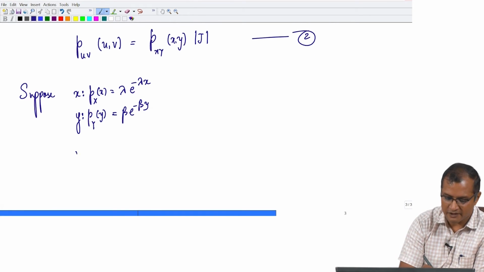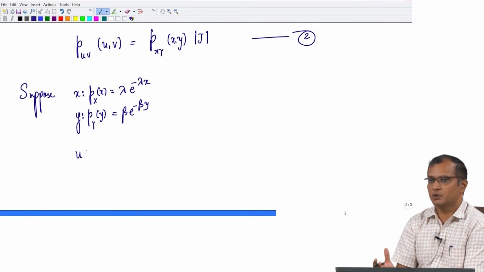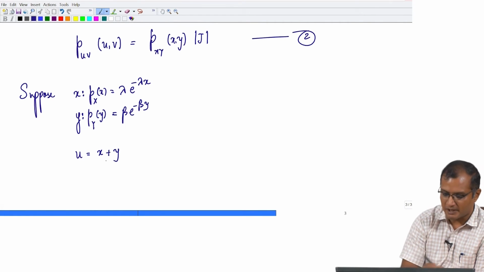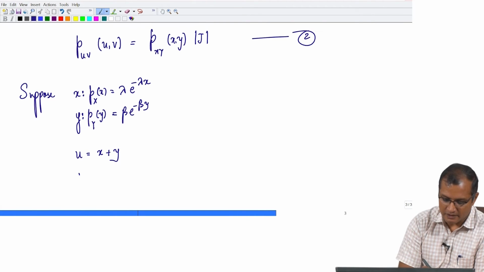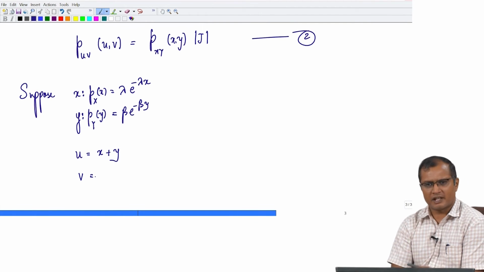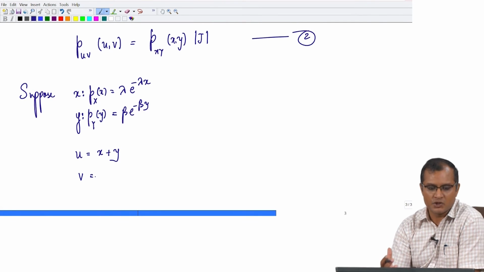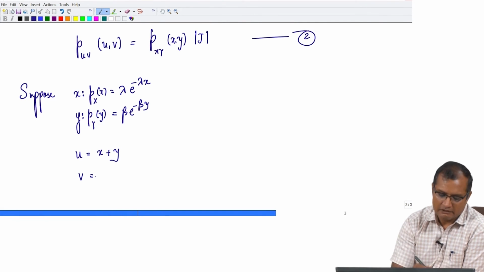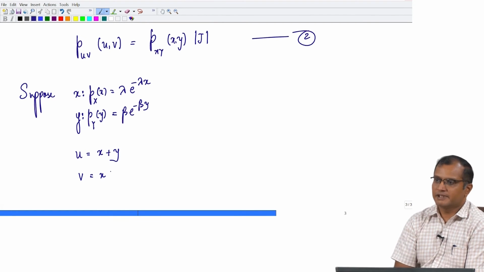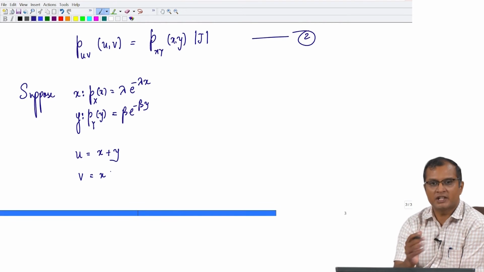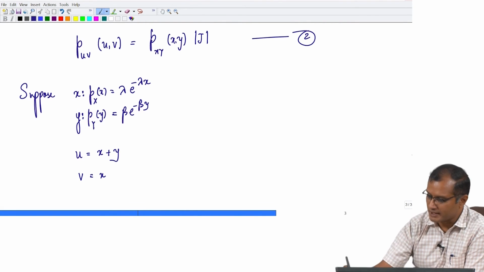So, define random variables u v from x y. u is the random variable of our interest, which is x plus y, and I will also get one more variable which is not necessary, but I want to evaluate the Jacobian. So, I need one more variable. Let us say v equals x, we will keep it as x, you can keep it as y, you are free to do that.